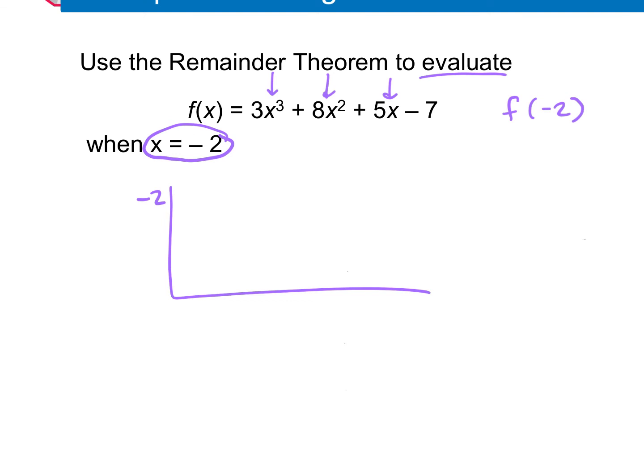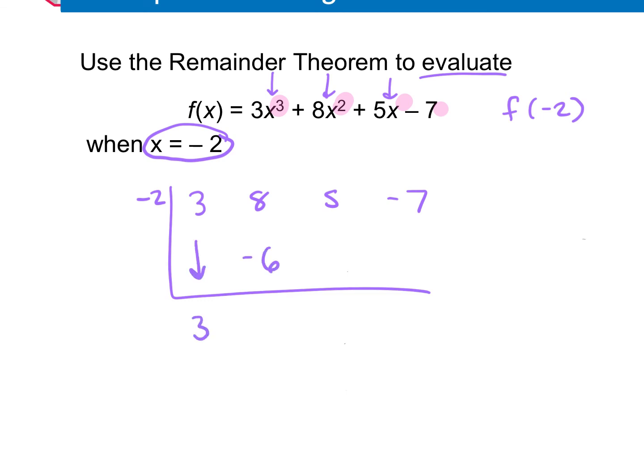What coefficients go inside my box? 3, 8, 5, and negative 7. Always double check: am I missing any degrees up here? I have cubed, squared, 1, and none. So I'm good. Let's go ahead. Drop the 3.